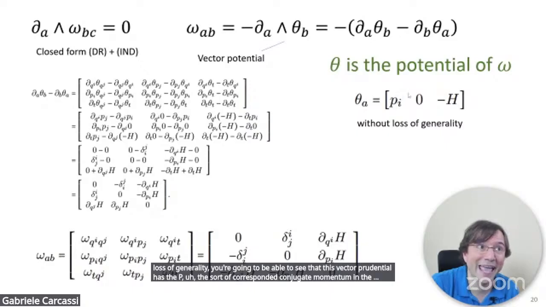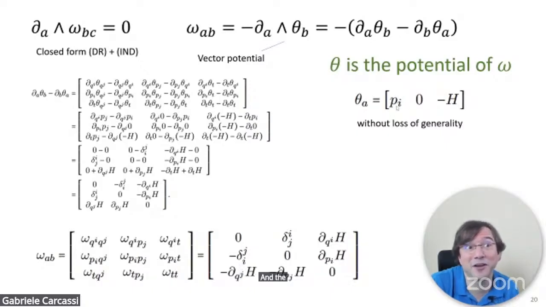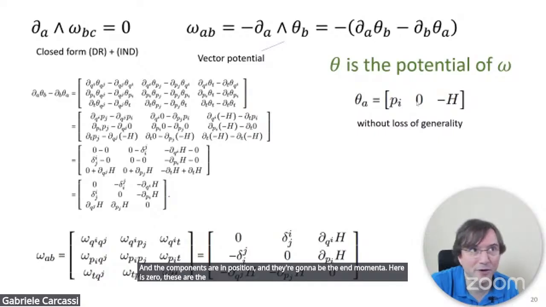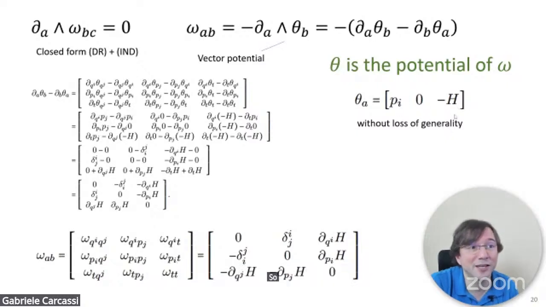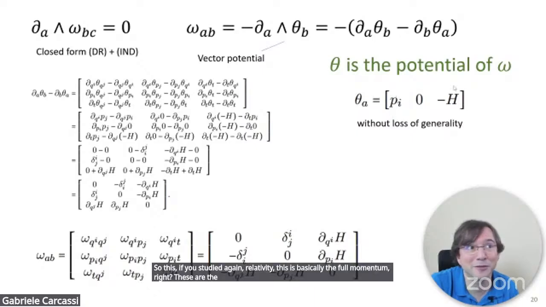So these are n components of position, and they're going to be the n momenta. These components of momenta are all 0, and the time component of the vector potential is T minus h. If you studied relativity, this is basically the four-momentum, right? These are the components of momentum, and this is minus the energy. There's just no c here, but it's basically the same thing.